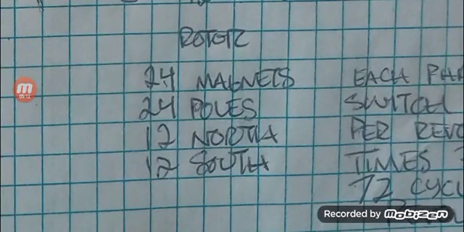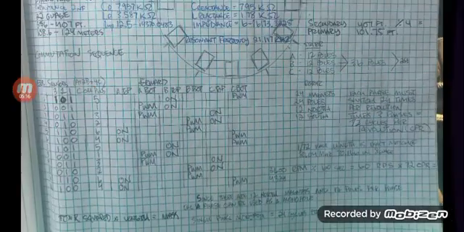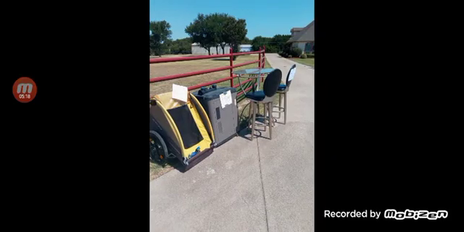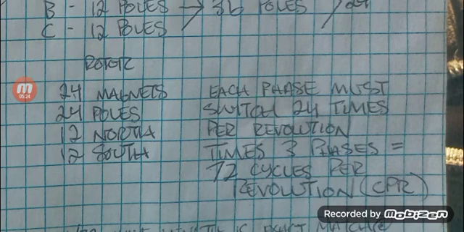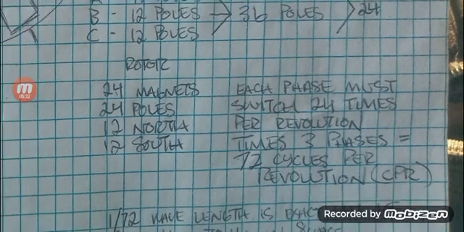And you have 24 magnets, 24 poles, 12 north, 12 south. Each phase must switch 24 times per revolution, times 3 phases is 72 cycles per revolution.